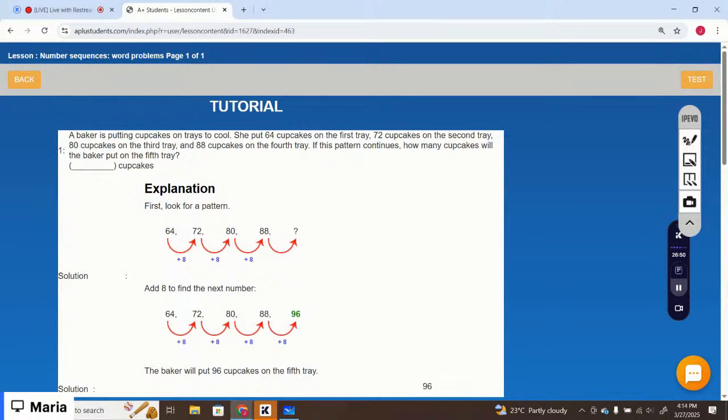She put 64 cupcakes on the first tray, 72 cupcakes on the second tray, 80 cupcakes on the third tray, and 88 cupcakes on the fourth tray. If the pattern continues, how many cupcakes will the baker put on the fifth tray?